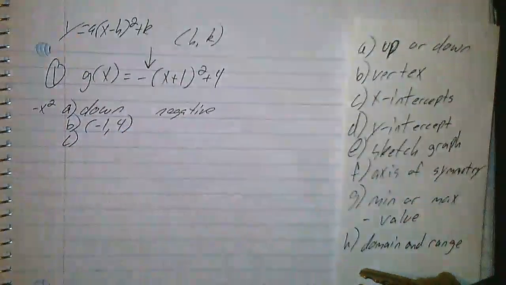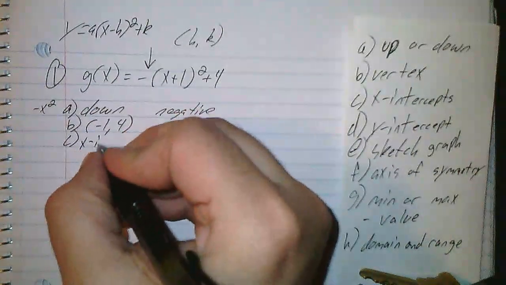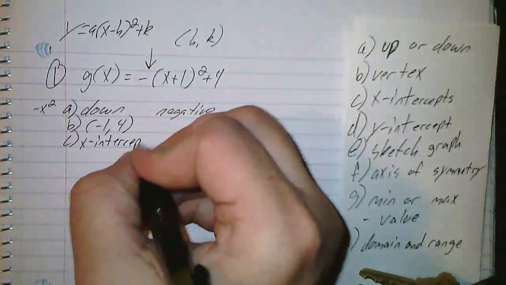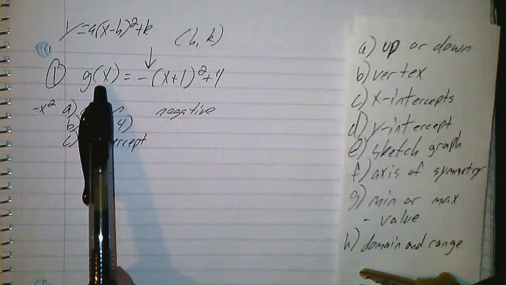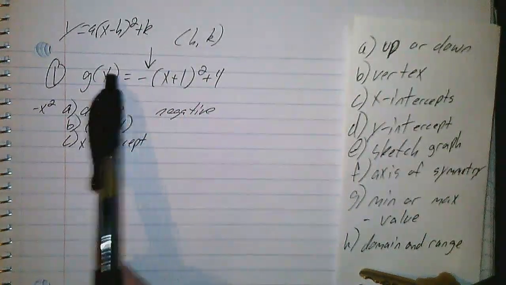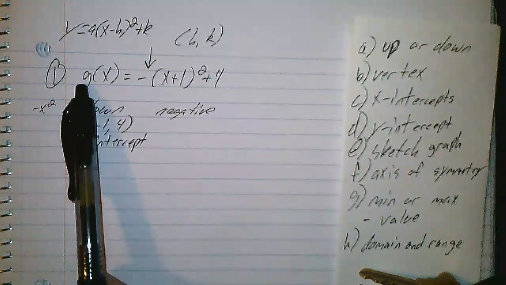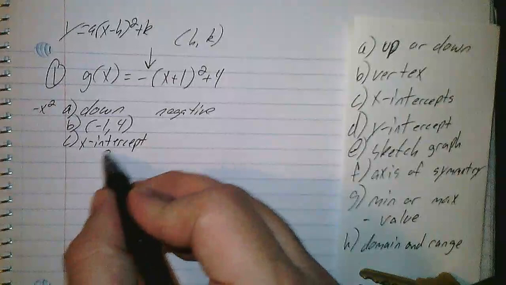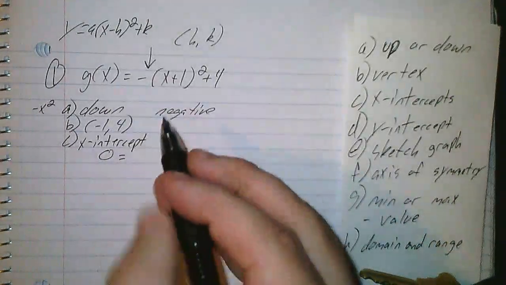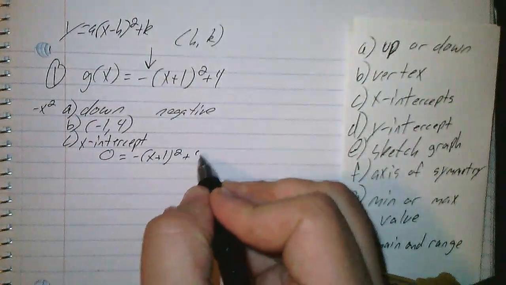For the x-intercept, we set y equal to 0. Whatever letter you see here changes for each question, but the function, change that to 0. That's the same as y. Negative (x plus 1) squared plus 4.